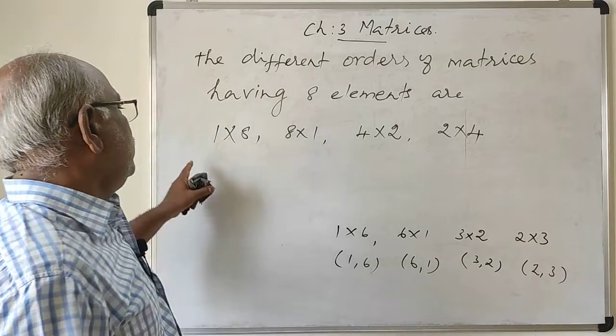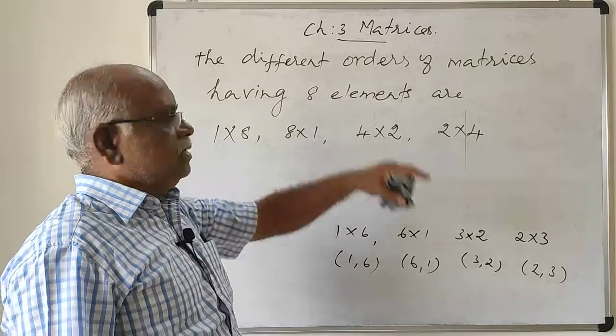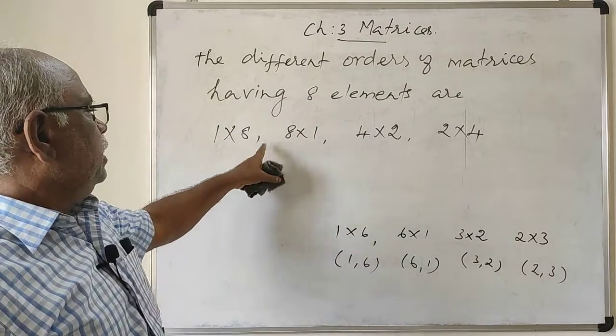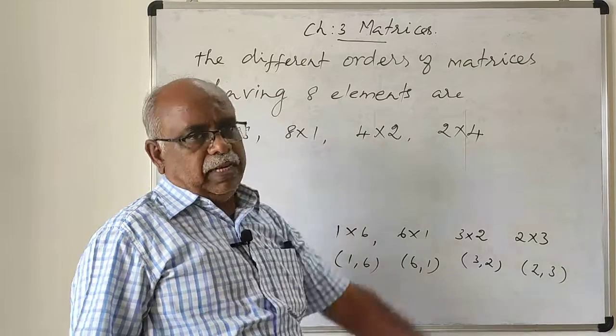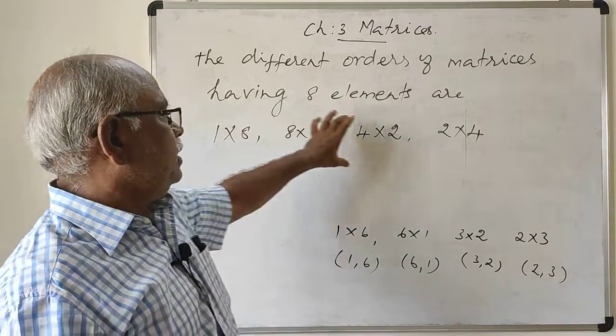These are the different orders of matrices having 8 elements. 1 into 8, 8 into 1, 4 into 2, 2 into 4, like that. These are the different orders of matrices having 8 elements.